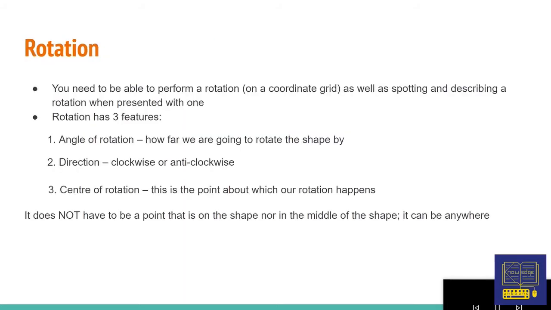First, rotation. You need to be able to perform a rotation on a coordinate grid, as well as spotting and describing a rotation when presented with one. Rotation has three features. First is the angle of rotation, which is how far we are going to rotate the shape.